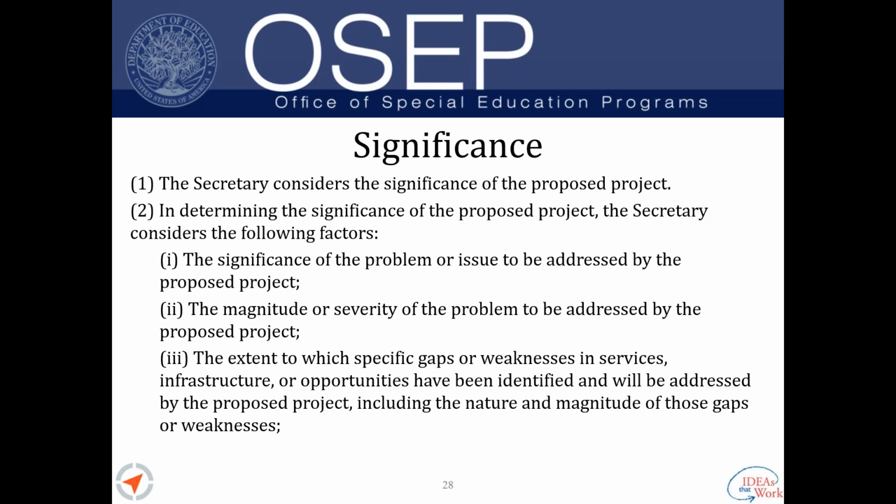Listed here is the criteria for significance, which is worth 10 points, and its sub-criteria. As you see listed here, the 5 factors or sub-criteria under significance include the significance of the problem or issue to be addressed by the proposed project, the magnitude or severity of the problem to be addressed by the proposed project, the extent to which specific gaps or weaknesses in services, infrastructure, or opportunities have been identified and will be addressed by the proposed project, including the nature and magnitude of those gaps or weaknesses.